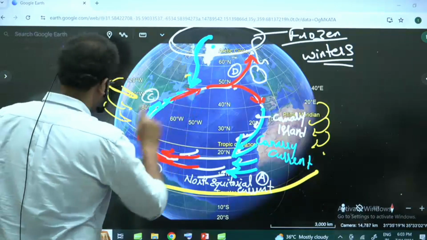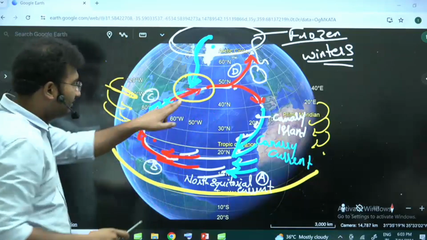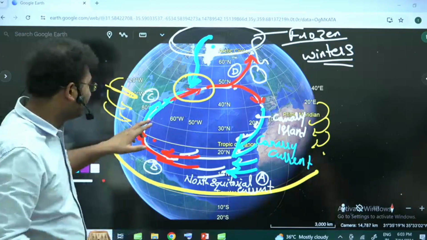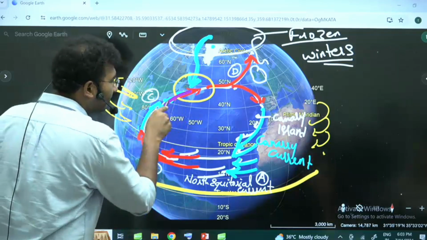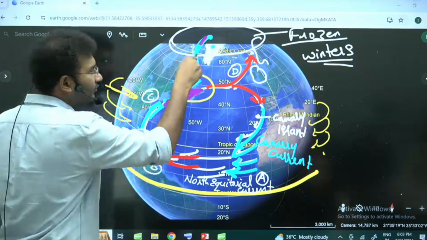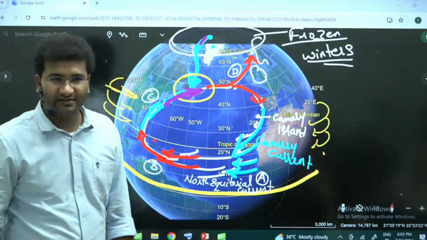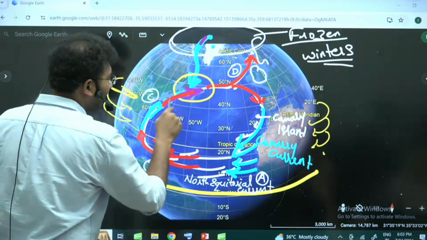this part of the area. Can I say that the water which is coming from here, look at this, this water is comparatively warmer as compared to the water that is coming from the poles? Can I say this? Yes. So by this logic, we call this warm water.